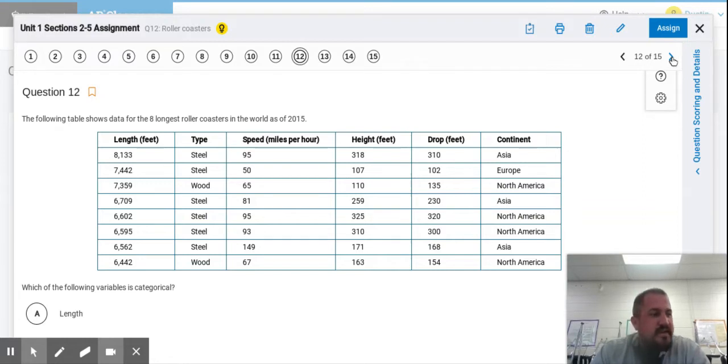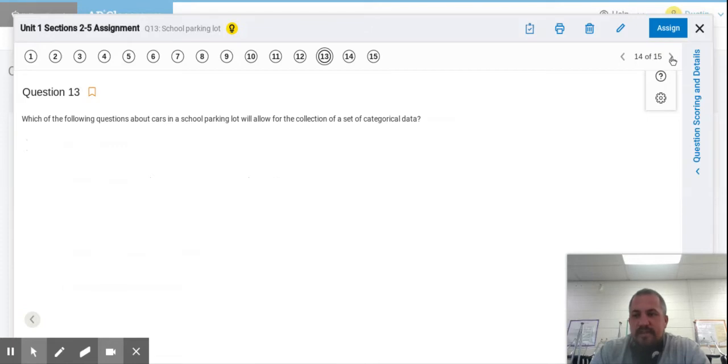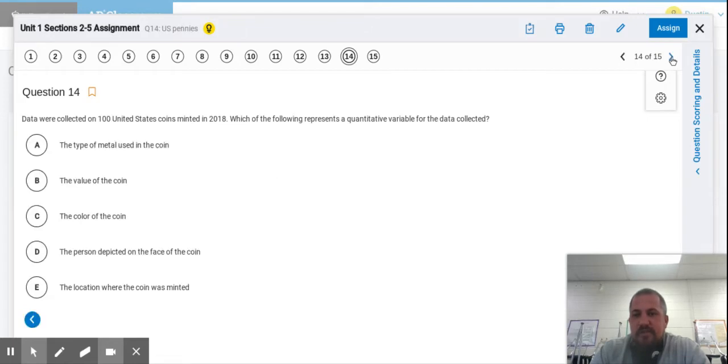So we're talking about what is categorical and quantitative. In question 13, which of the following questions will allow for the collection of a set of categorical data? So which of those are categorical? And then we go to question number 14, which will represent quantitative data.